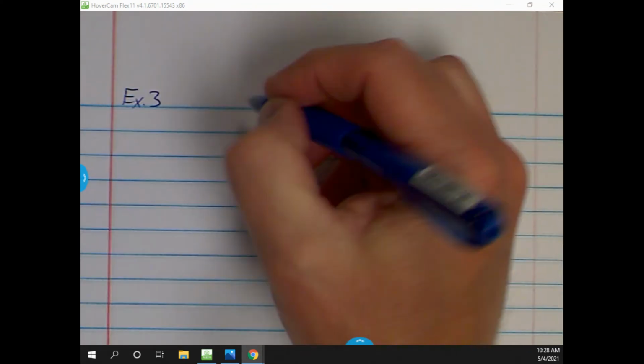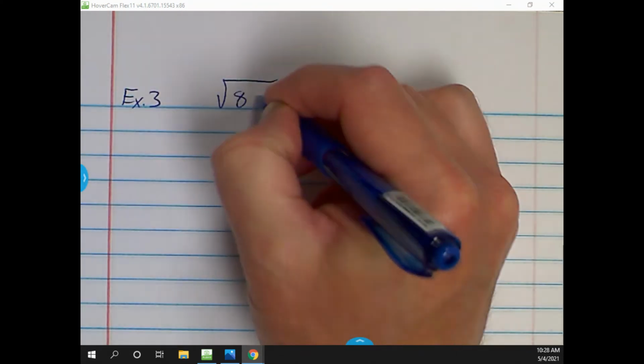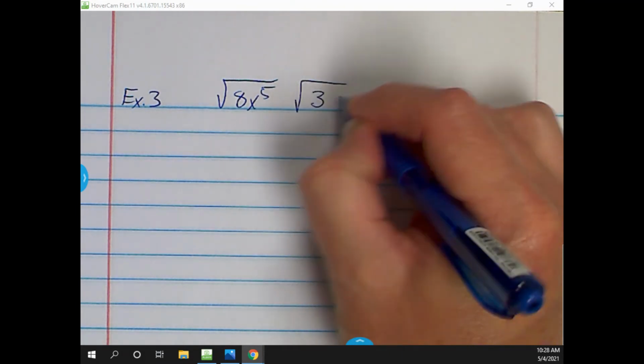So let's show you something that you can do just to practice a little bit more breaking these things down. Okay, so for example 3, let's go with the square root of 8x to the 5th times square root of 3x.